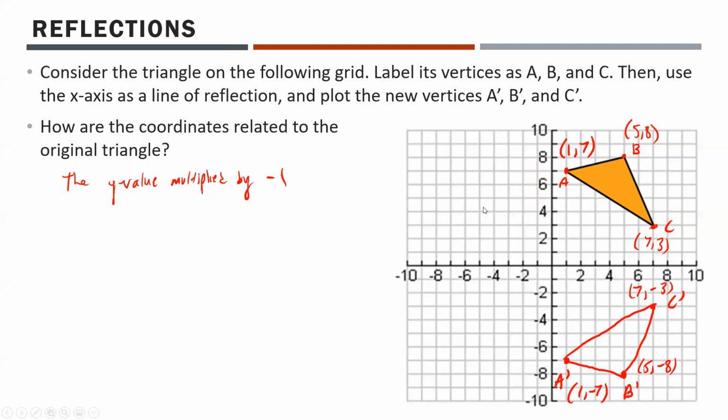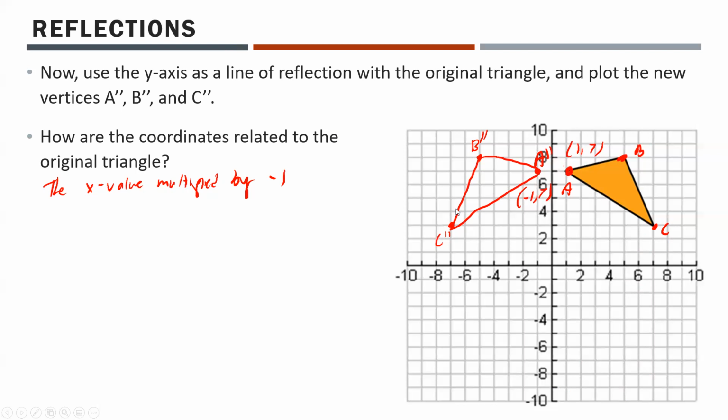And you can think of that as being a vertical reflection. So you're changing it vertically. The y value deals with vertical, so that's why it's a vertical reflection. On this one, however, since we're flipping over the y-axis, that's a horizontal reflection. And since it's dealt with in a horizontal direction, you're going to be messing with your x value. So your x value is what multiplies by -1.